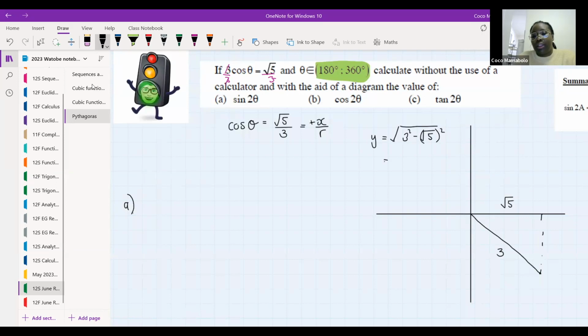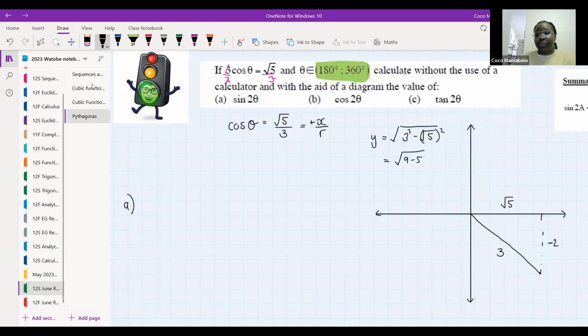This is going to give me the square root of 9 minus 5, which is in fact the square root of 4. So this side over here is 2. But what do we know about our value of y? This is going to be a negative value because my y values are underneath. They're here in the negative y space. So my y value is going to be -2.